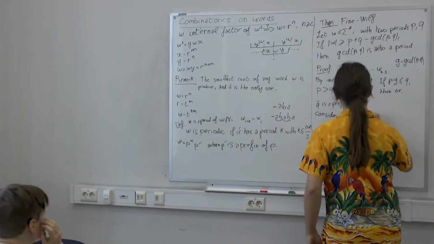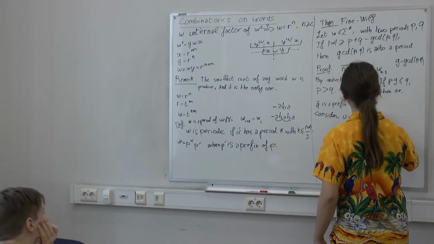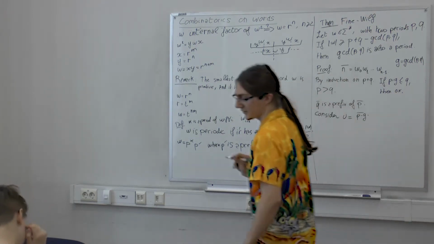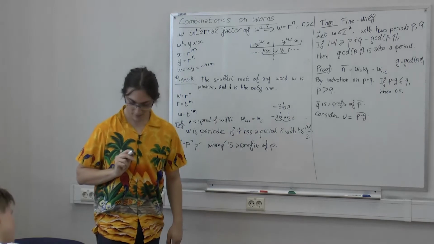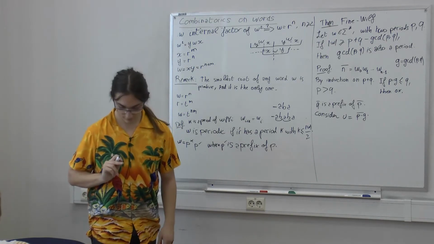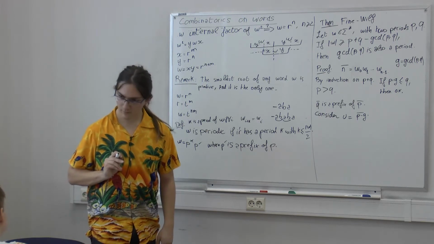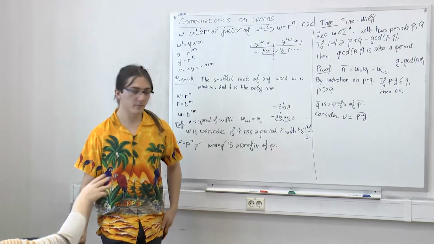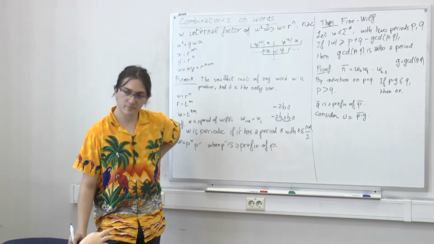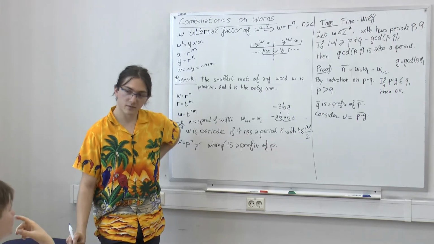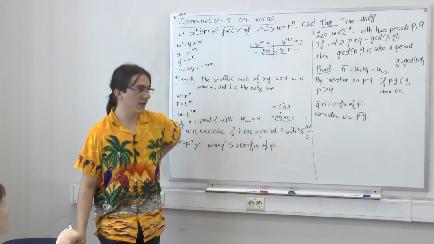P minus G. Are you going to use a linear? There exists such x and y that G is equal to P times x plus Q times y.